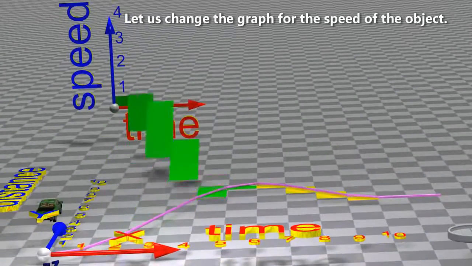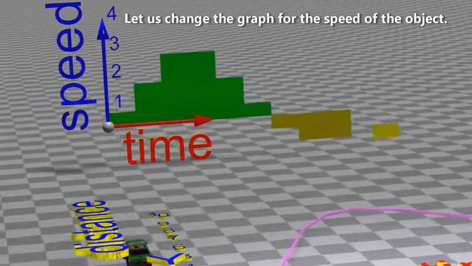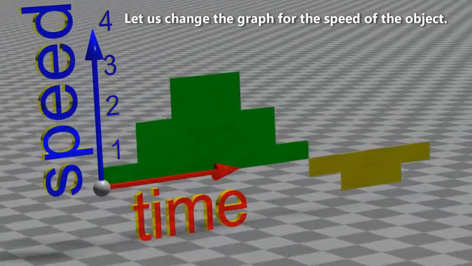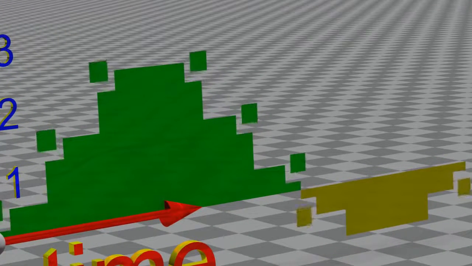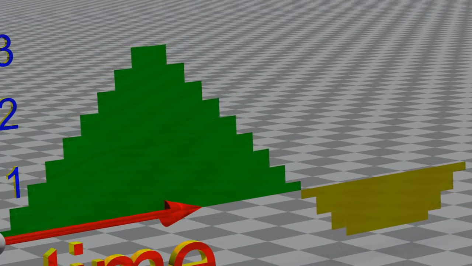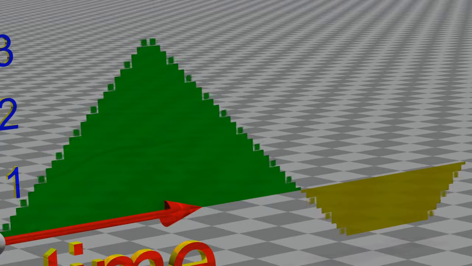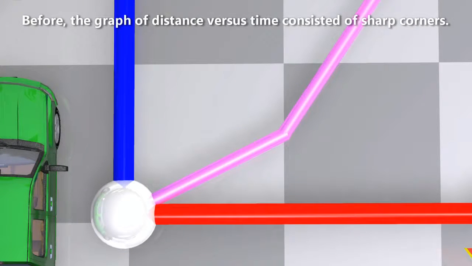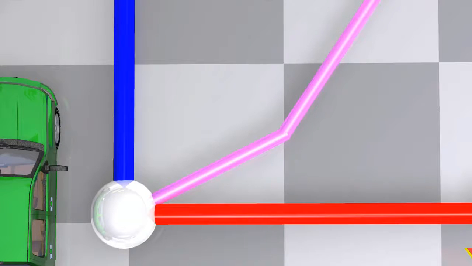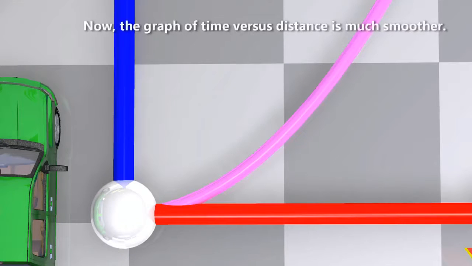Let us change the graph for the speed of the object. Before, the graph of distance versus time consisted of sharp corners. Now the graph of distance versus time is much smoother.